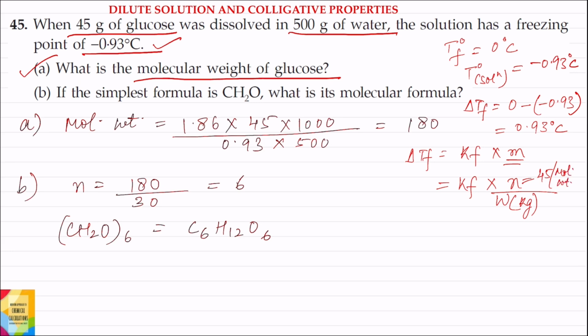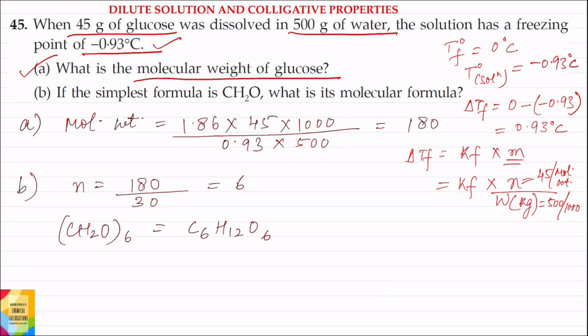Molecular weight of solute we don't know, we have to find out. And weight of solvent in kgs will be weight of solvent in grams, that is 500 grams divided by 1000. This will give the weight of solvent in kgs.